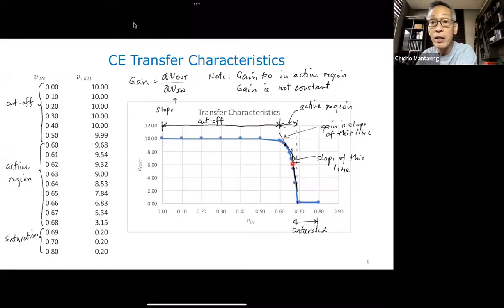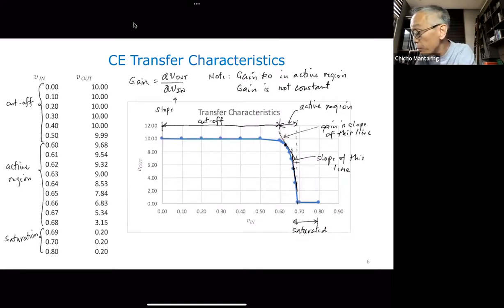Why? Because the first basis would be the maximum output voltage swing. If you're somewhere in the middle, right, then you have a good input swing until it saturates and a good input swing until it cuts off. So that is one criteria. But sometimes you want to choose your operating point based on gain.